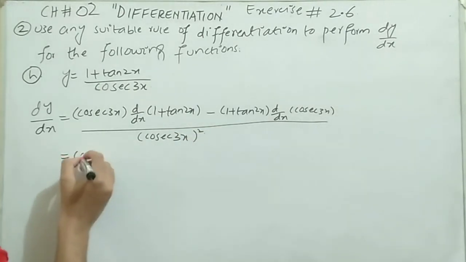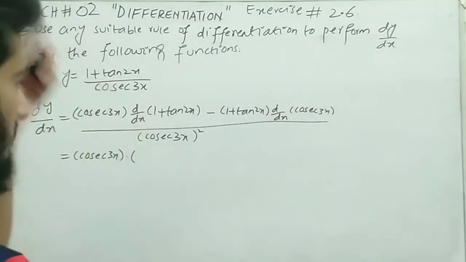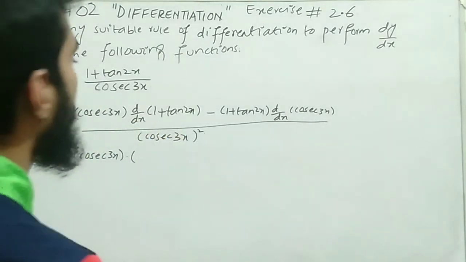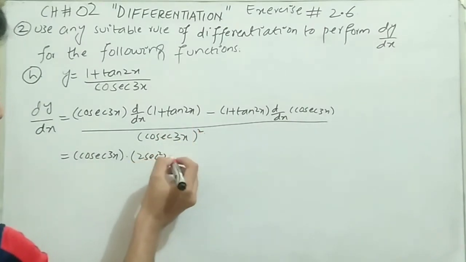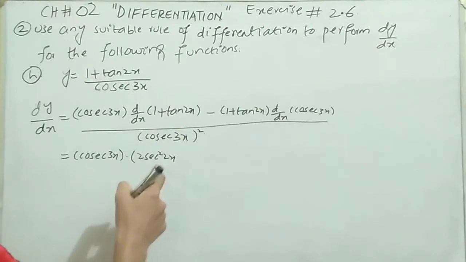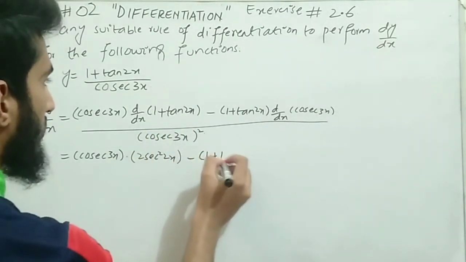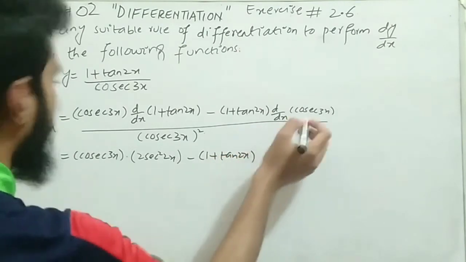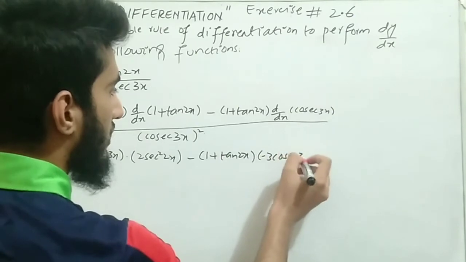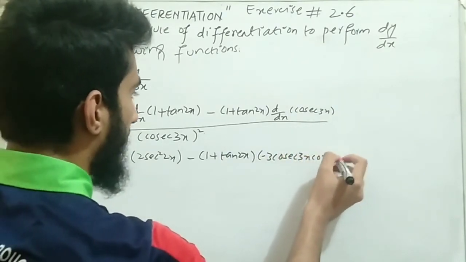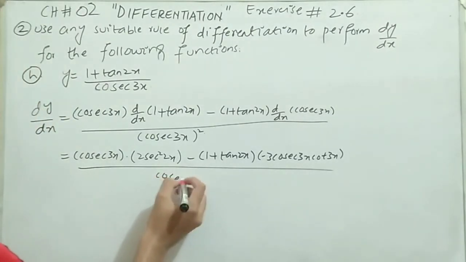Now by simplification it becomes cosecant 3x multiplied by the derivative of 1, which is 0, and the derivative of tangent 2x, which will be 2 secant square 2x, because the derivative of tangent 2x is secant square 2x and the inner function derivative is 2. And after this, minus 1 plus tangent 2x times the derivative of cosecant 3x, which will be minus 3 cosecant 3x and cotangent 3x, and the whole divided by cosecant 3x whole square.